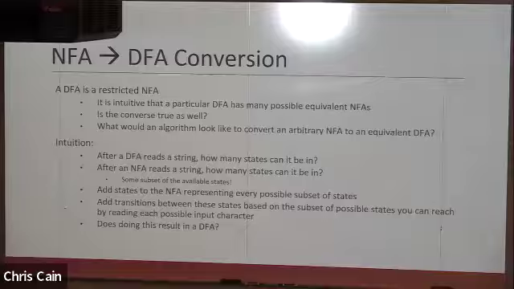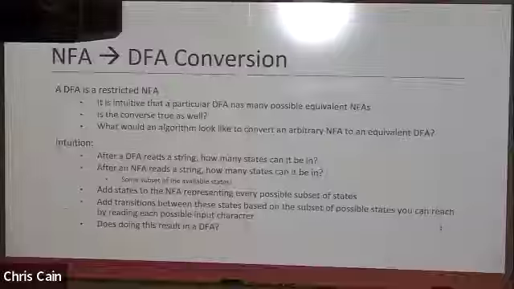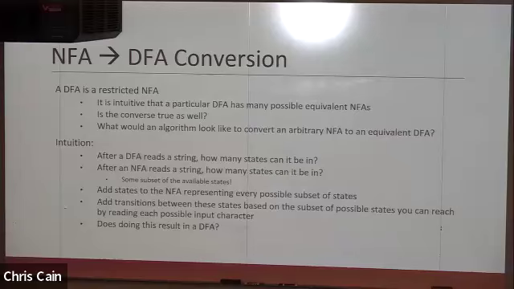We ended the day talking about how many states could be in that associated DFA. What was the ceiling on the number of states that could be there? I said that it was 2 to the number of states in the NFA, because very similarly to the concept of a power set, we could be in some combination of the states of the NFA, given the parallelism that the NFA represents.